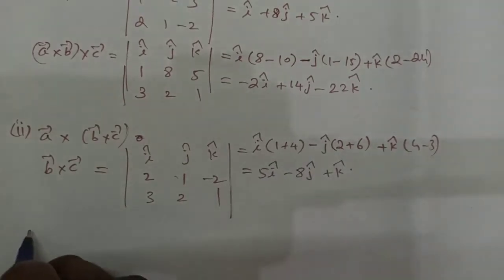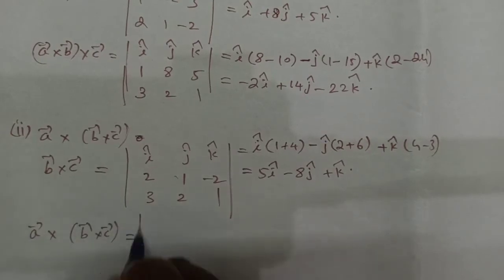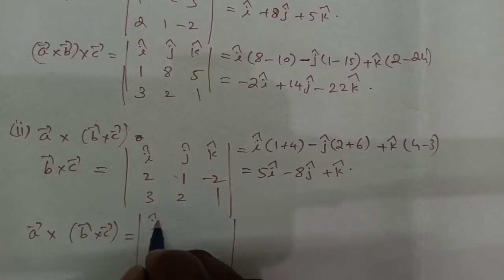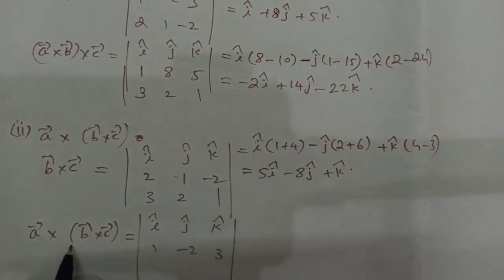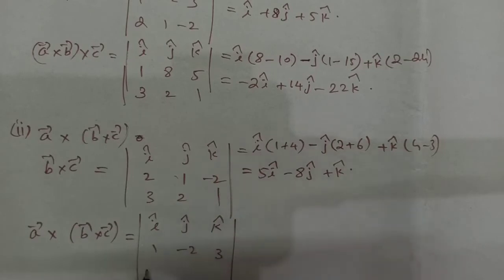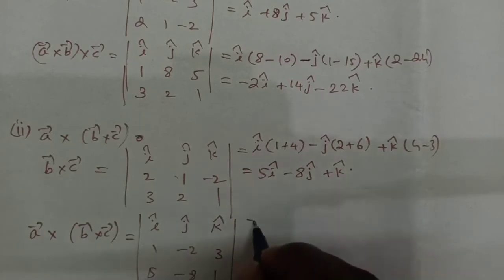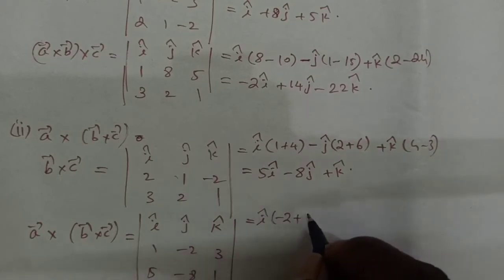Okay, so next we have to find a vector cross b vector cross c vector, which is equal to the determinant of, first row i cap, j cap, k cap, and the second row the components of a vector, that is 1, minus 2, 3, and the third row the components of b cross c, that is 5, minus 8, 1. That is equal to, so i cap into, so minus 2, this is minus and minus plus 3, 8 into 3, so 24.